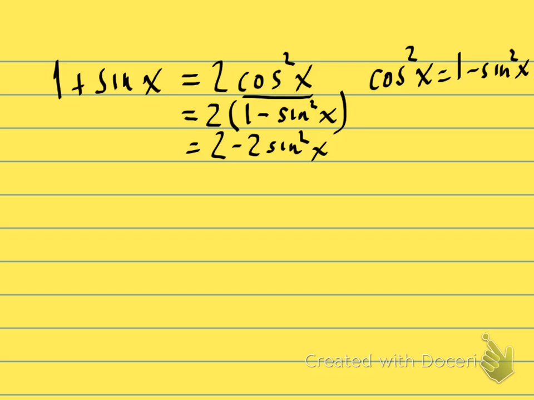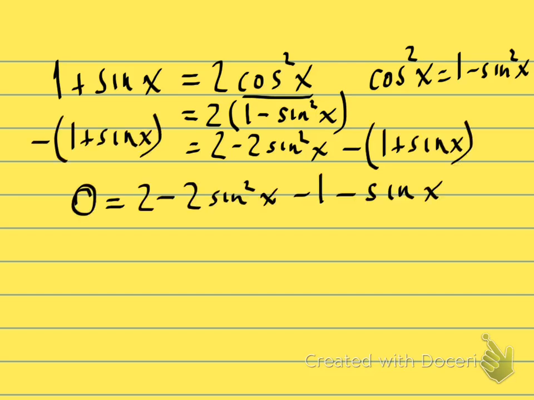The zero product property, of course, is very, very useful, so I will subtract that 1 plus sine x from both sides so that I can set the whole thing equal to 0. Look at that step right there. That's just kind of spreading everything out. Then I can combine some like terms there, and we're almost done.